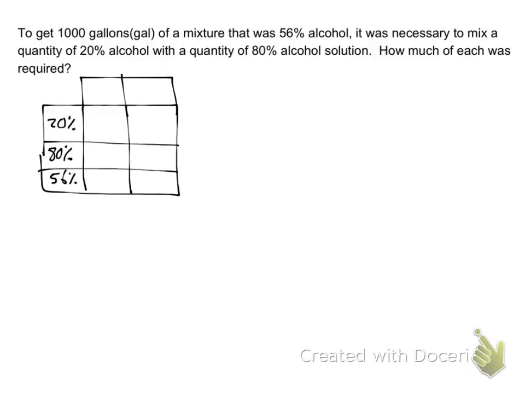Decimal. Really easy to do. It becomes 0.2, and then 0.8, and 0.56. So generally, I will let this go as both a label and a number at the same time.